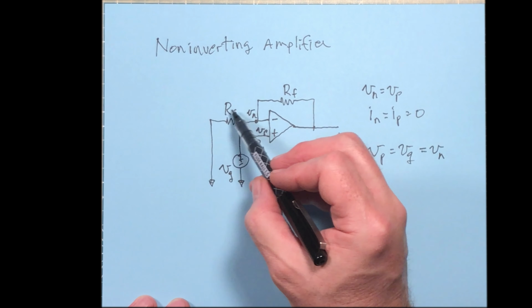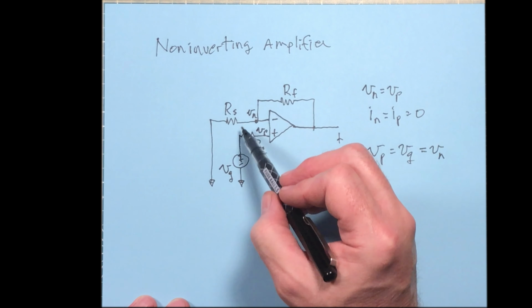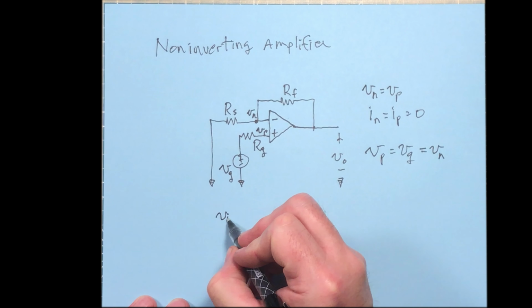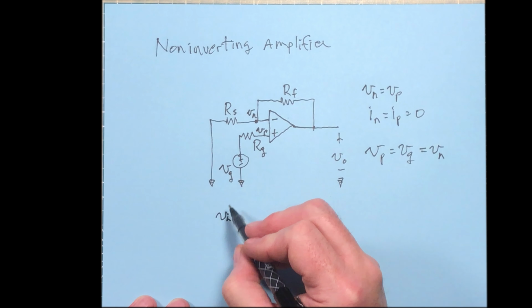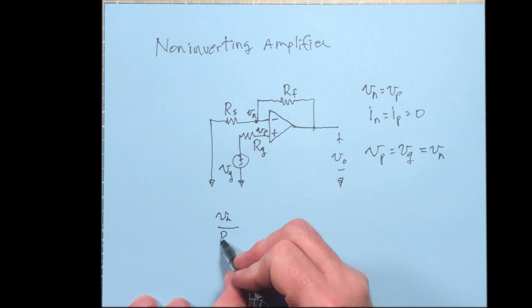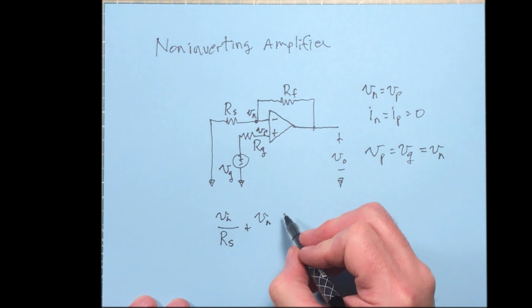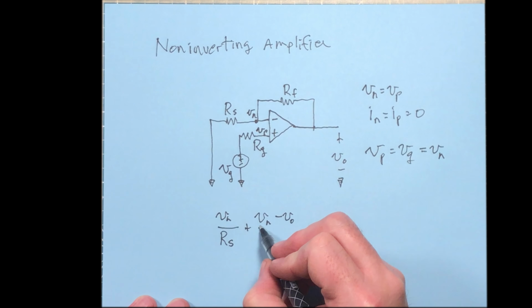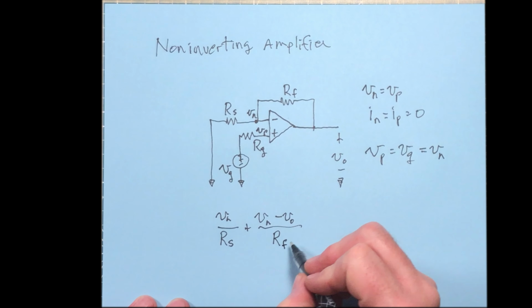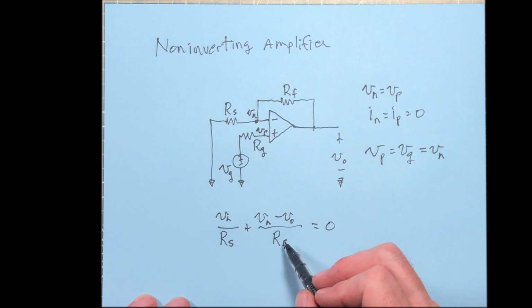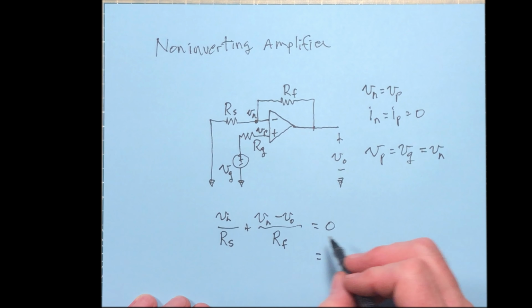And now we can write a node voltage equation for this top node here. So V sub n minus 0, it's going back to ground here, over R sub s, plus V sub n minus V output over R sub f equals 0. And now we can solve for V output. Let's put V output on the other side.